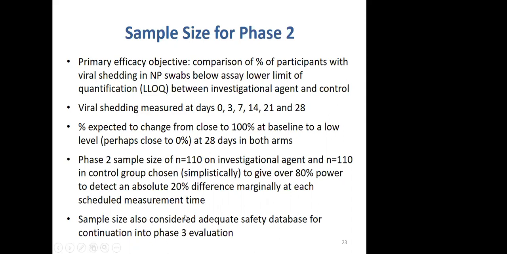It was partly driven by the need to get a reasonable safety database, but it was partly driven by the idea of just getting a reasonable level of power to detect a 20% absolute difference at any one of the measurement times in the proportion of the study population that had viral levels below the limit of quantification of the assay, so essentially undetectable virus levels. So it was a sort of shot in the dark, if you like, but it did give some basis for where that number came from.